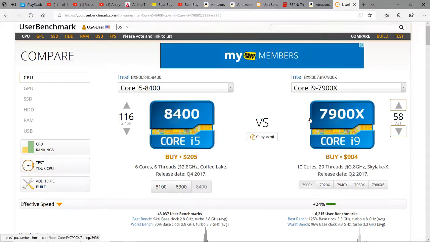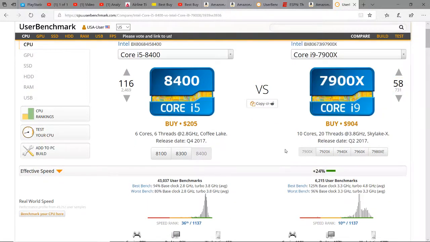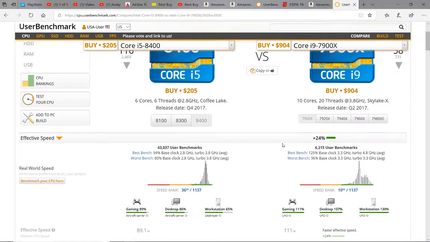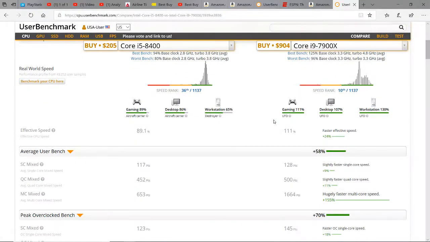Okay, so this is almost like looking at car engines, really. The cores are almost like cylinders, and the threads are like valves. We'll just go with that. So this has 10 cores, 20 threads, running at 3.8 gigahertz. You see how expensive that chip is. There are obviously some more expensive chips out there.